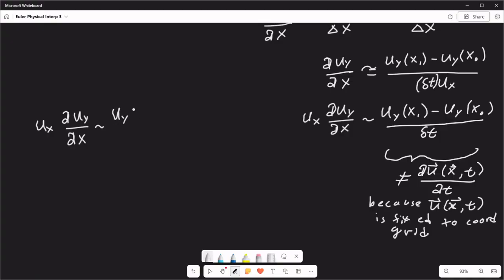It's the velocity of this particular particle at x1. Maybe I should designate this with a k up here, so this is the velocity of the kth particle.